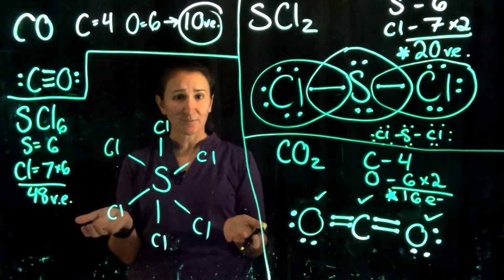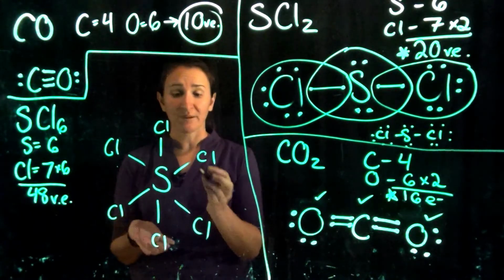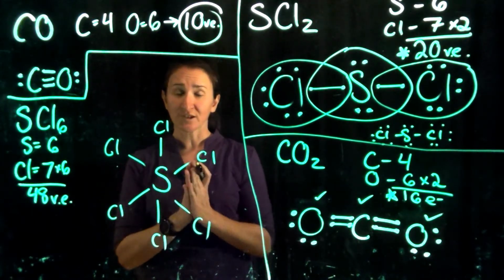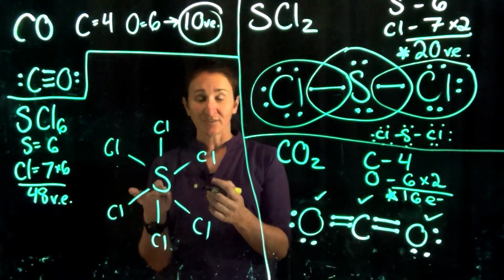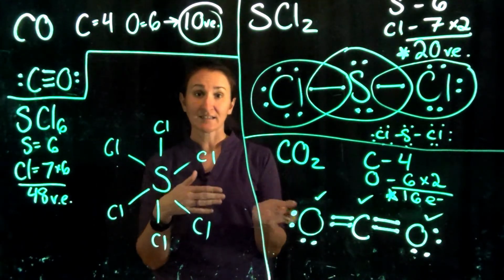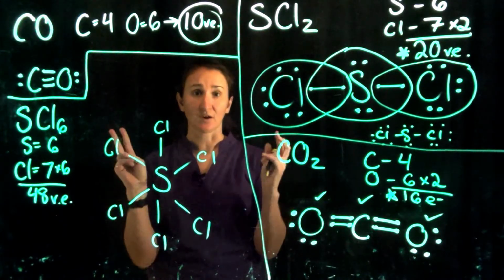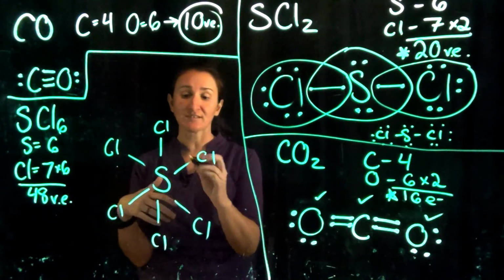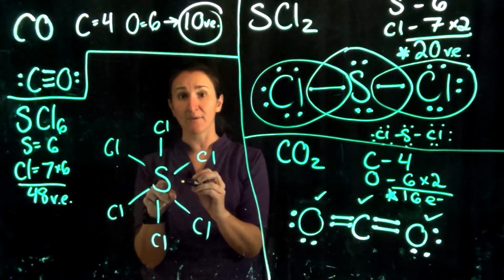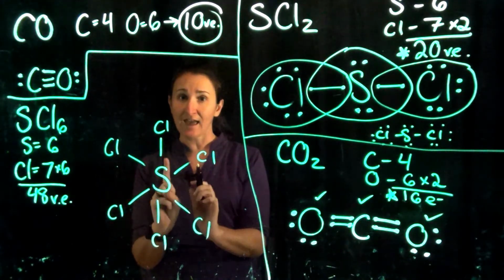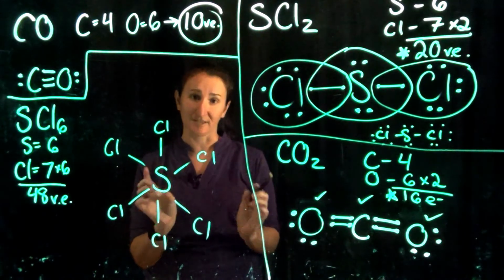Don't worry too much more about it right now, but just know that if you are phosphorus or bigger, which sulfur is element 16 and phosphorus is element 15, so it's definitely bigger than phosphorus, so it can have what's called an expanded octet. So if you ever see this happen, or you need to stick extra electrons on the central element, that's fine, as long as they are phosphorus or bigger.